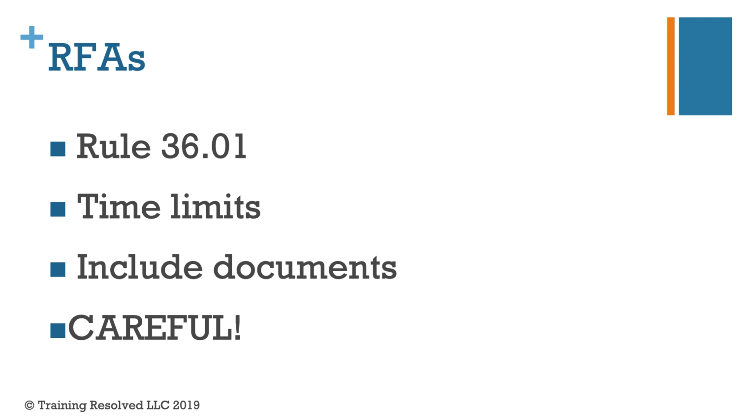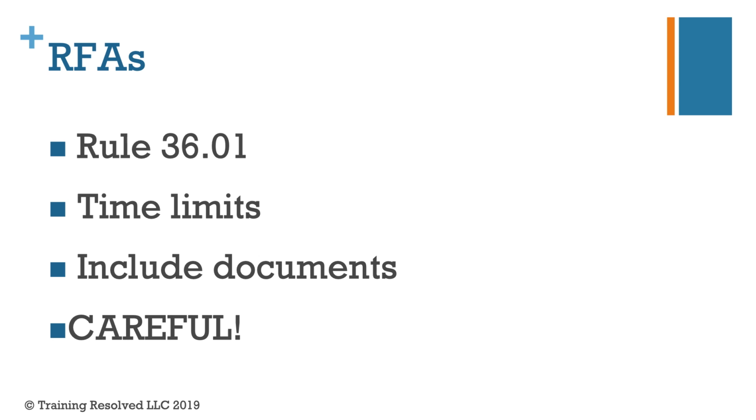Requests for admissions are found in Rule 36.01, and there are very specific time limits that are set out in the rule. You definitely need to consult an attorney if you are served with request for admissions, because that can be something that can be very damaging to your case. Each request for admissions normally says something like, admit or deny that, and then there's a statement.